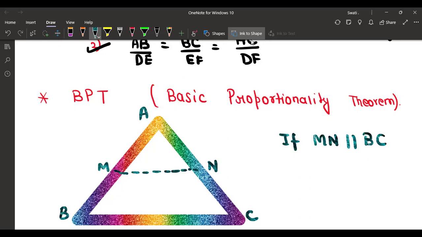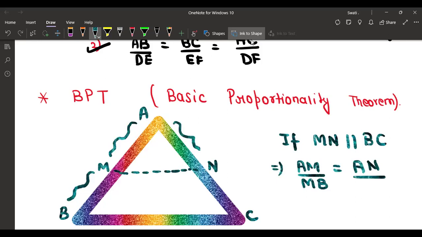So if MN is parallel to BC, then this will imply that the ratio of AM upon MB will be equal to AN upon NC.